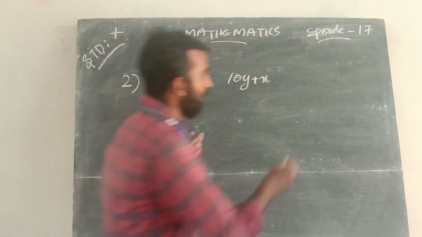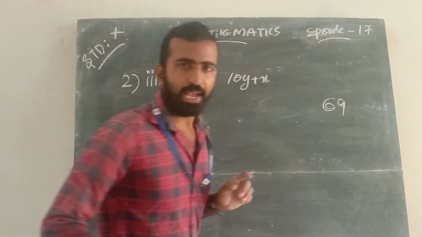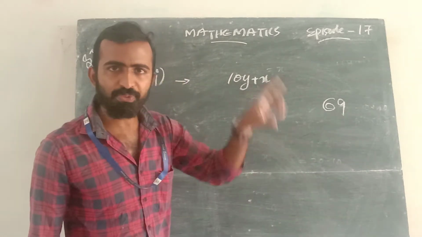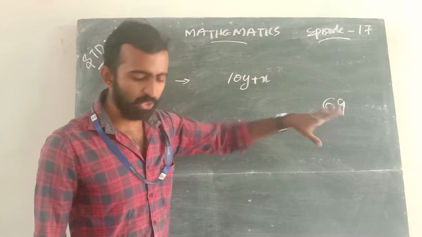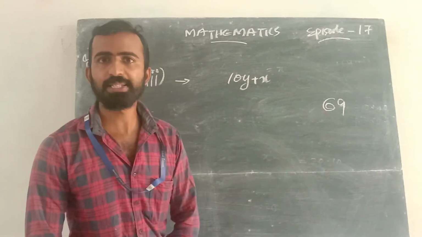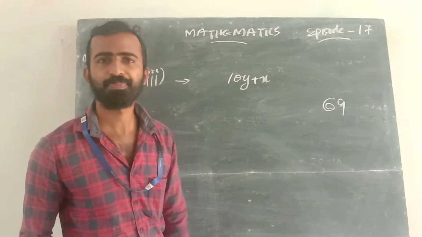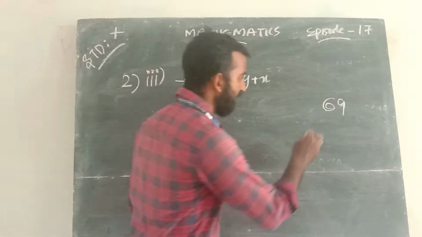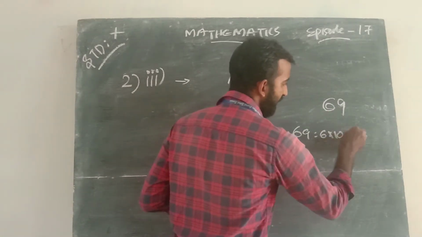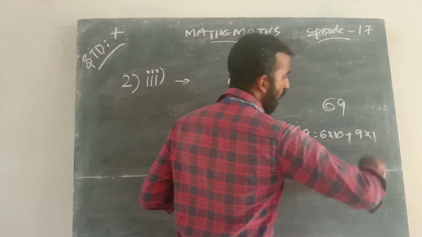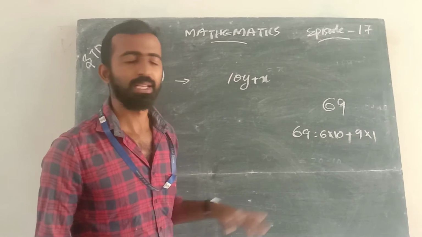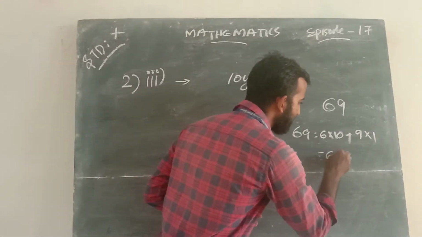Because, take 69: the place of 9 is the 1's place, and the place of 6 is the 10's place. So we can write 69 as 6 into 10 plus 9 into 1, that is 60 plus 9.